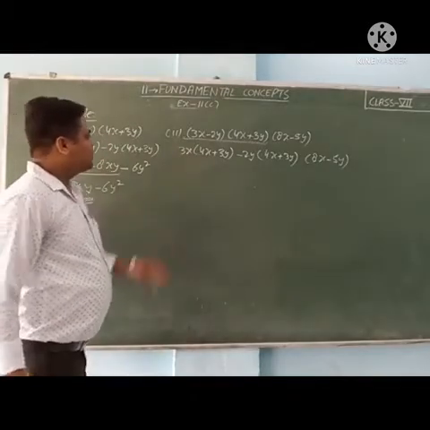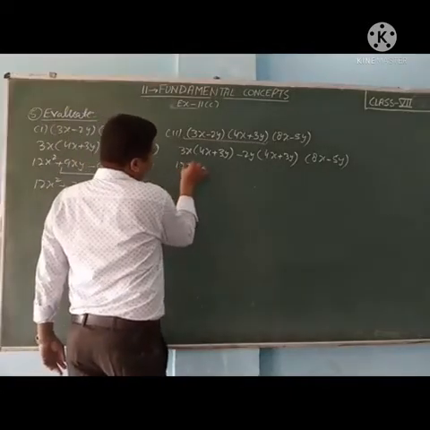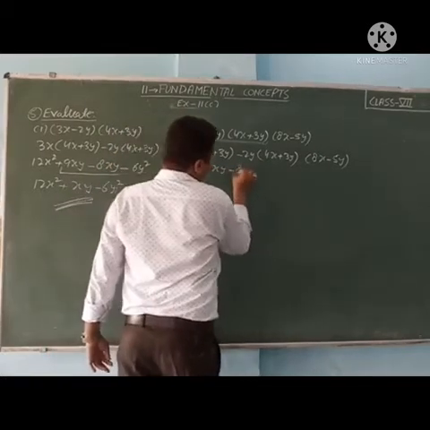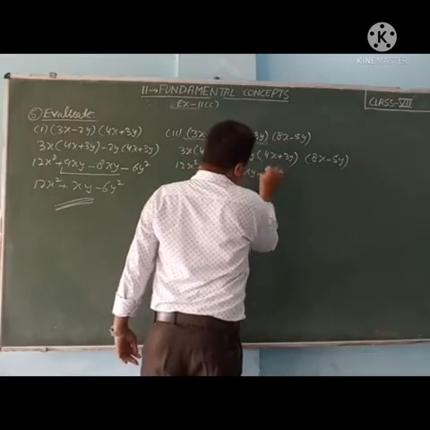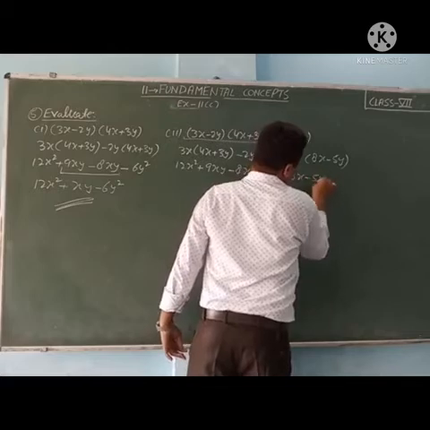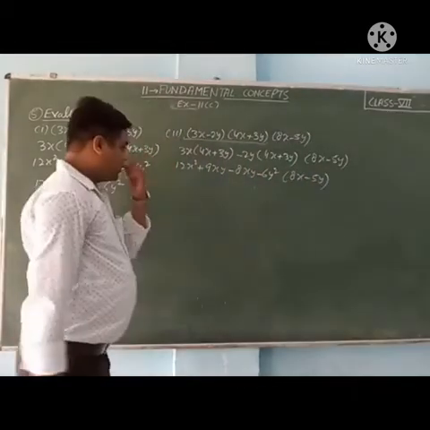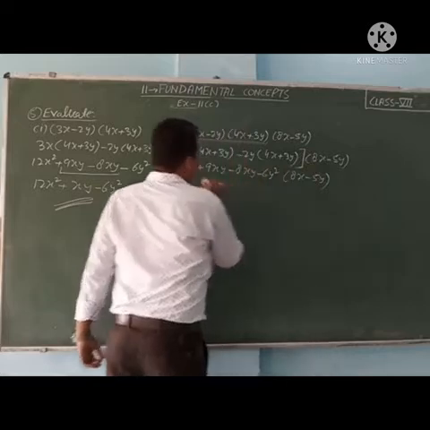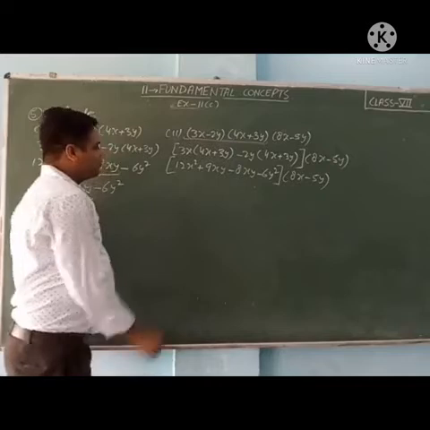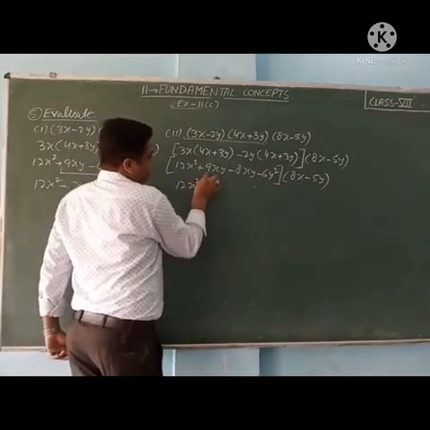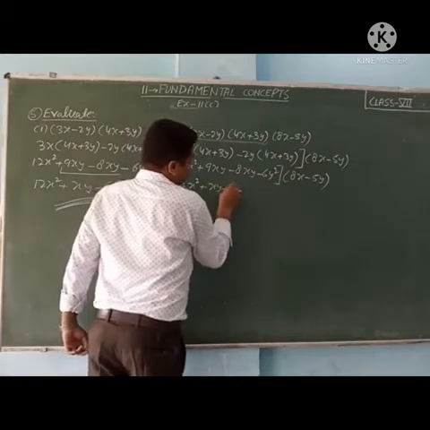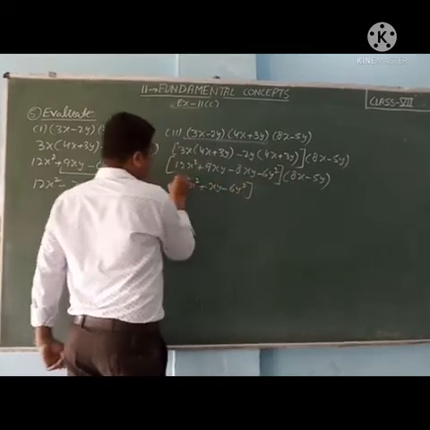So 3x into 4x, 12x square plus 9xy minus 8xy, minus 2y times 3y, minus 6y square. Then 8x minus 5y. This we will take in square bracket like this. So 12x square plus 9xy minus 8xy means plus xy, minus 6y square, bracket.